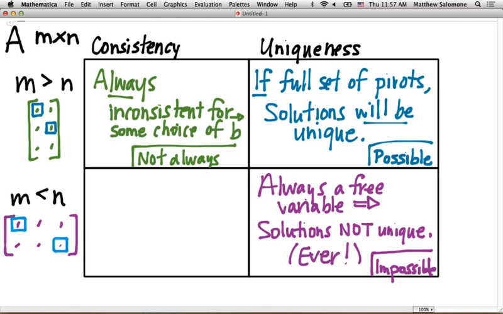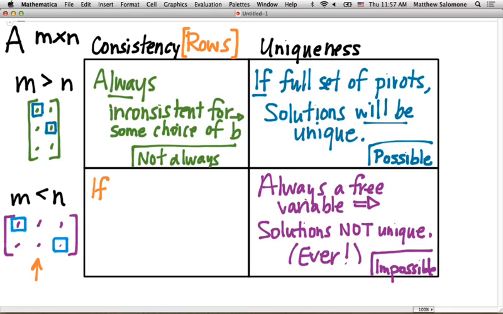What about consistency? In our example here, it'll be always consistent. How come? Remember again, consistency is a question about rows in our matrix.